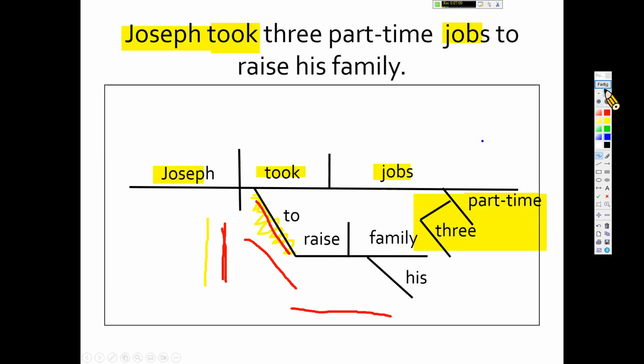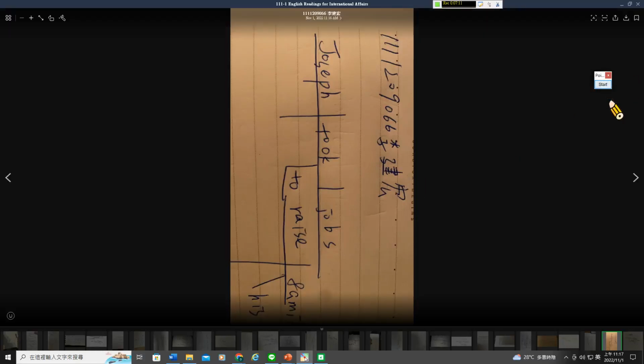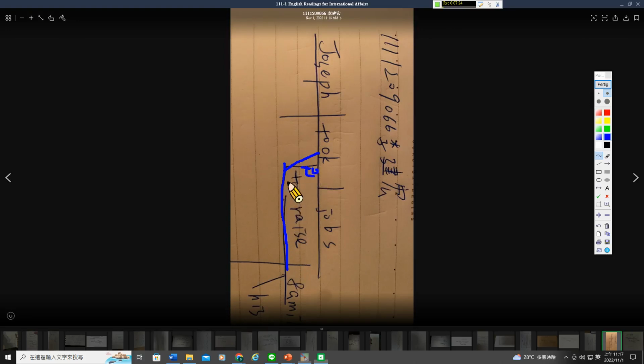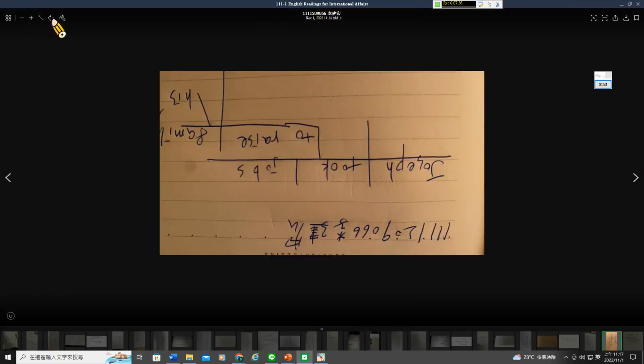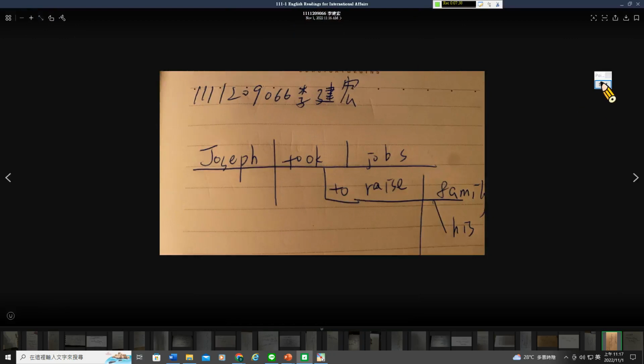Okay, so look here. This has to be, okay, and this is "to." "To" is here, and "raise" is above the horizontal line. Let me see if I can change it. Okay, so let's take a look.